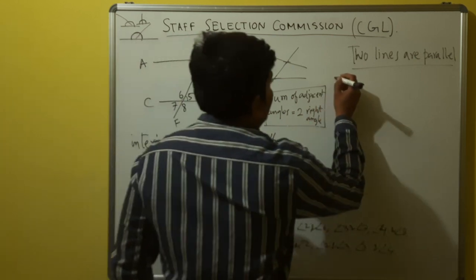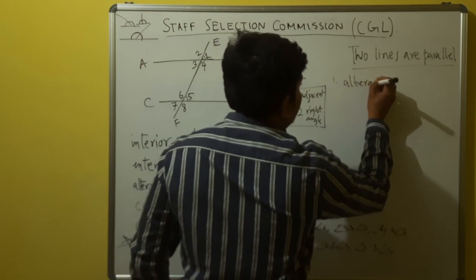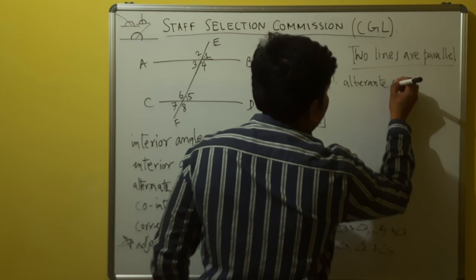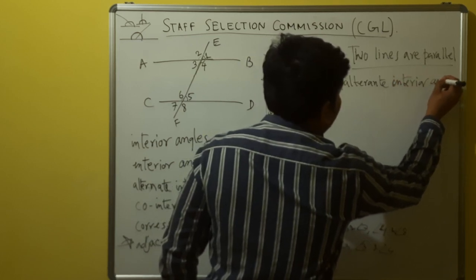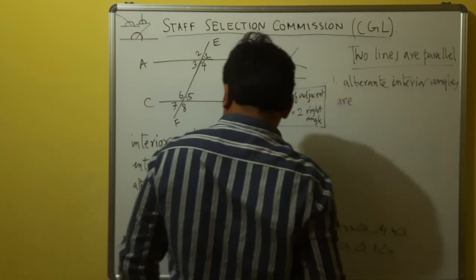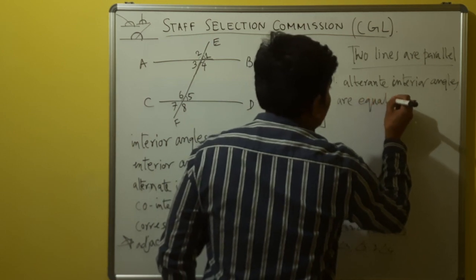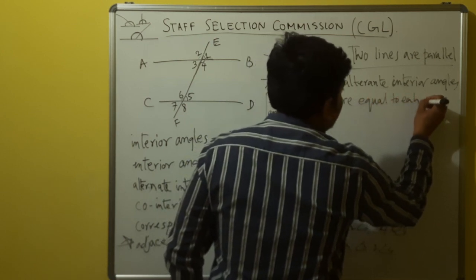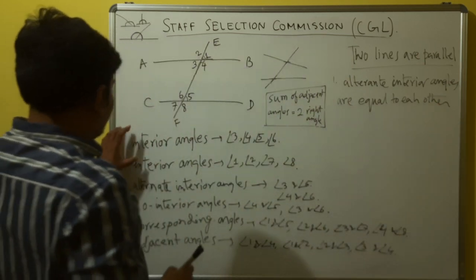Let me write here. One point I will get. Alternate interior angles are equal to each other. So, these two things are fine.